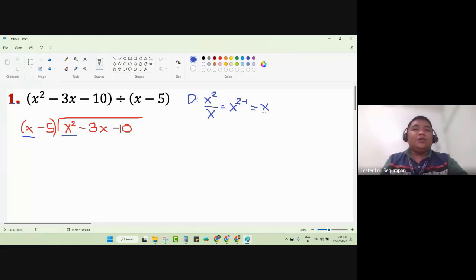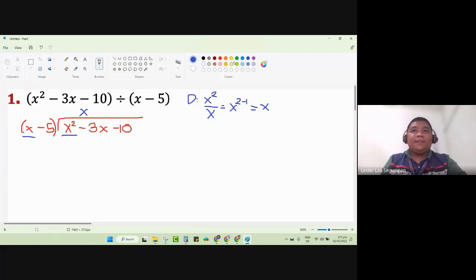This is the first quotient of your first division process, and hence we are going to place the result here. Other references would like to write it so that it corresponds to the term with x. It doesn't matter where you place it, simply place it there for your result. That is the first step.